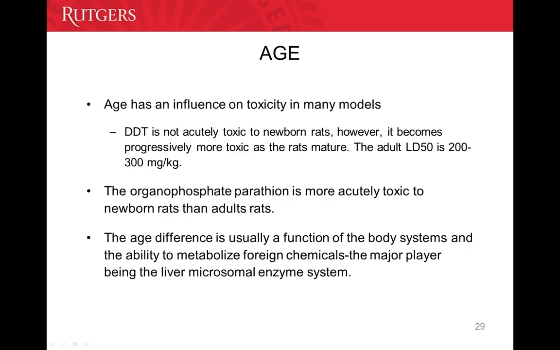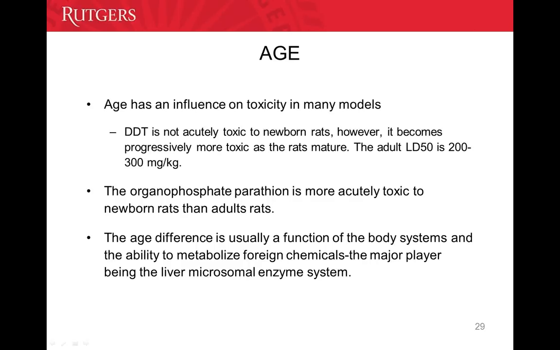Age affects toxicity. Age has an influence in many models. As an example, DDT, the chlorinated insecticide of Rachel Carson fame, is not acutely toxic to newborn rats. However, it becomes more toxic as the rat matures.